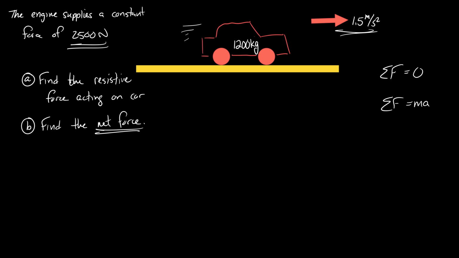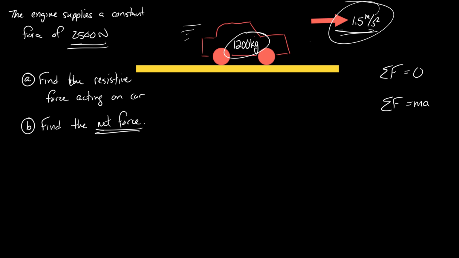But if you have the acceleration and the mass, then you have the net force acting on the car. The net force here is 1,800 newtons. It is 1,200 times 1.5. You do not have to do that series of steps. You do not have to do all that work. Net force is either 0 or ma. That is Newton's first and second law.